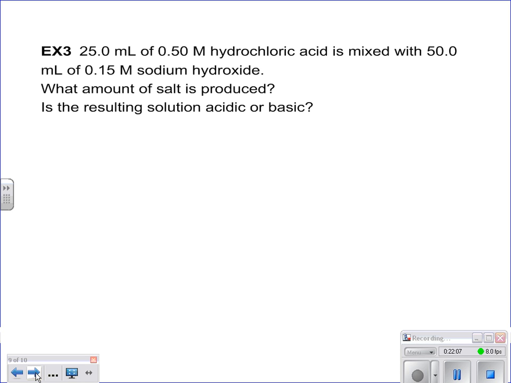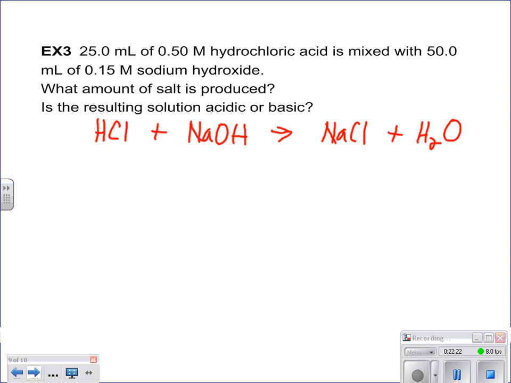Okay, backside, or the other half of this. Here we have hydrochloric acid plus sodium hydroxide. And we get sodium chloride plus water. Everything's +1 or -1, so it is balanced. We can write our information underneath, and I can start by saying I've got 0.0250 liters of hydrochloric acid, and it's at 0.50 moles per liter.